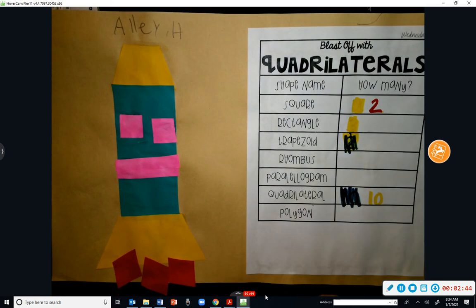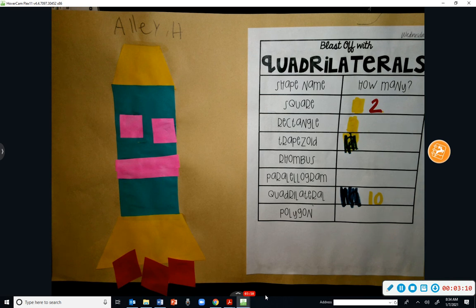Okay, rectangle. Now let's look at our chart, and what does it say for rectangle? Find your rectangle on your chart.